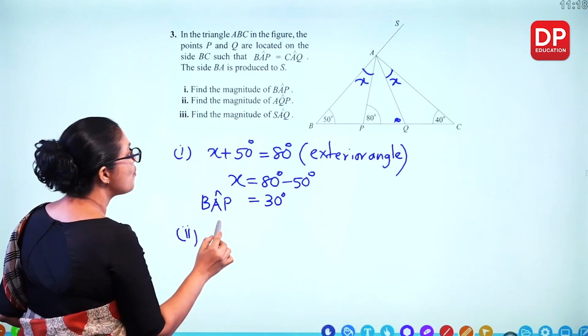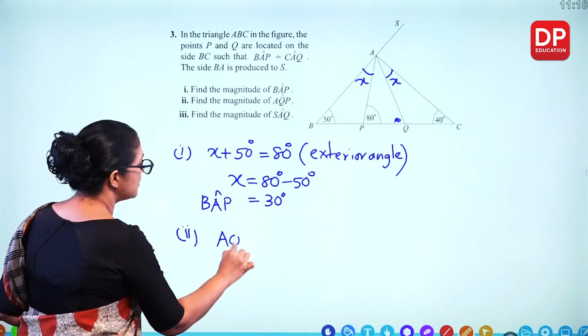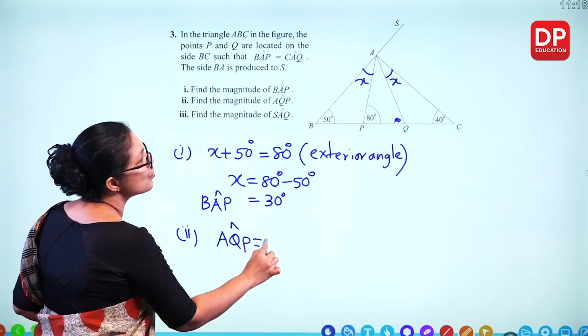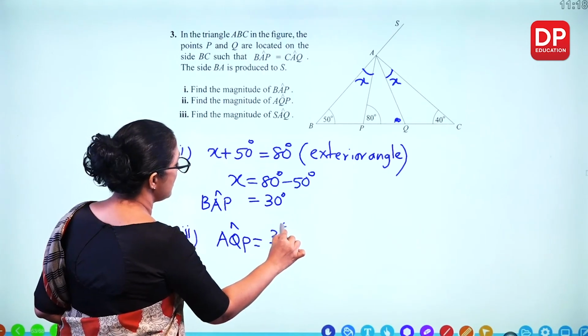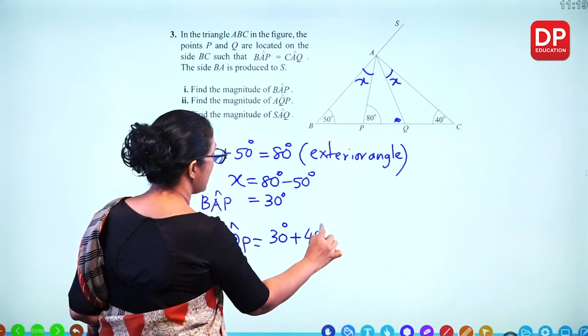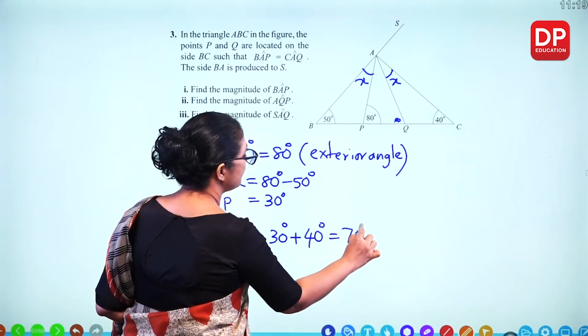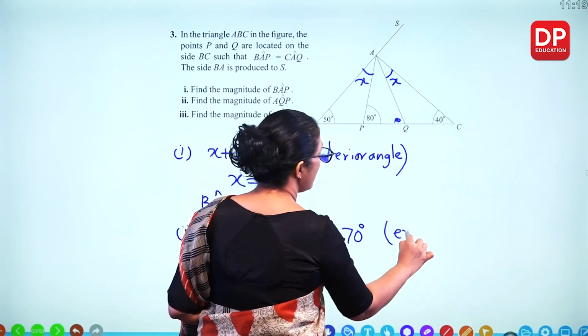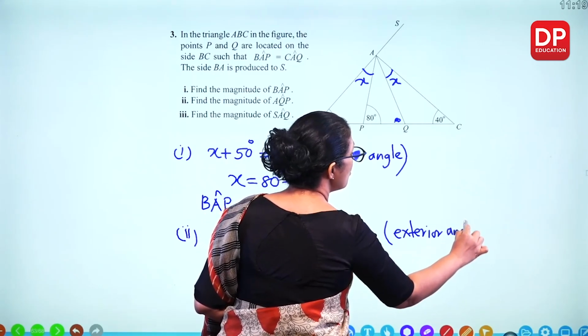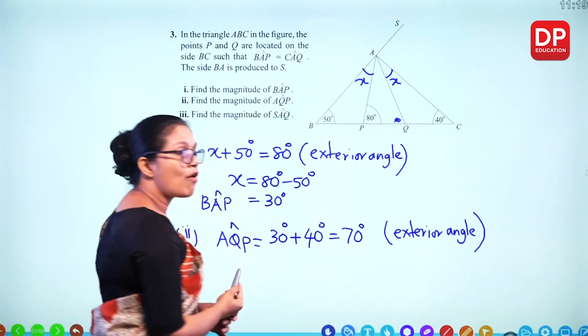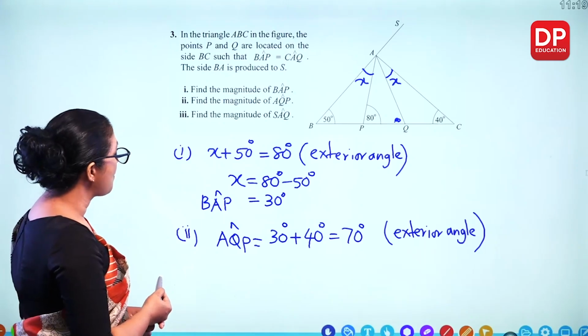So angle AQP is equal to x plus 40. X is 30, plus 40, you get 70 degrees. That's also exterior angle is equal to the sum of opposite interior angles.